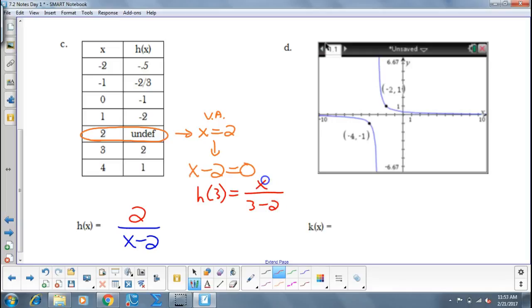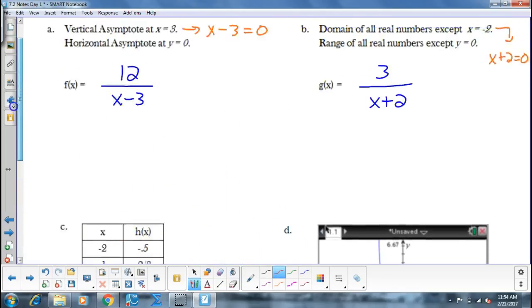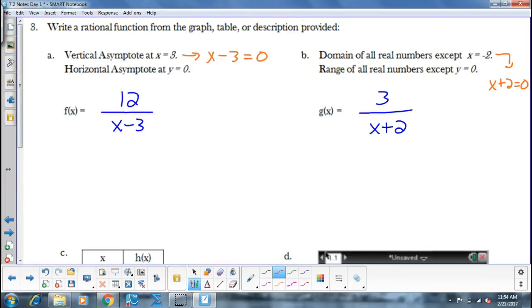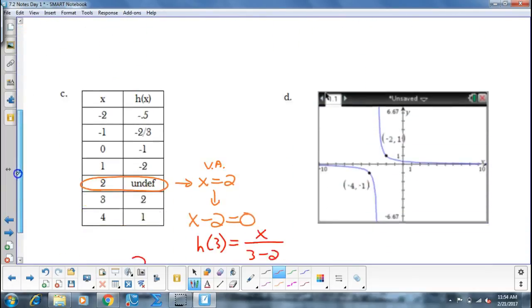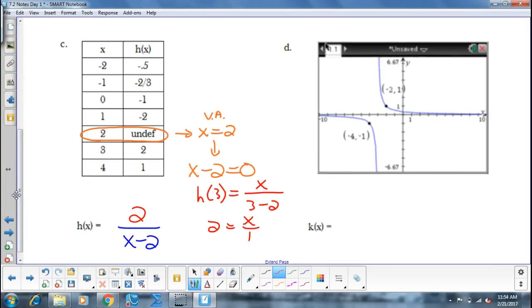Well, the value here then is 2 equals x over 1. So h of x there has to be 2. Okay? It's locked in because we actually have points. If back up here, we didn't. We just had the asymptote, so we could have any number there we wanted. But down here, we actually have points.